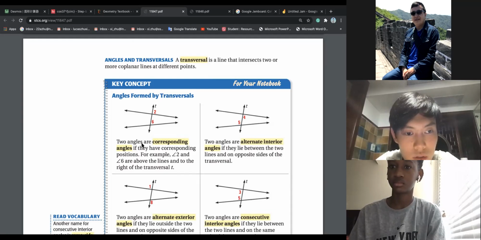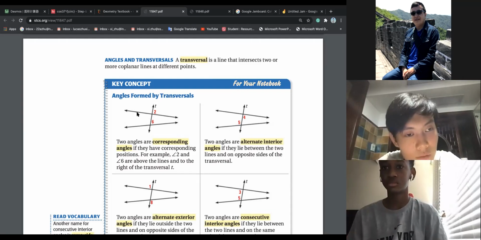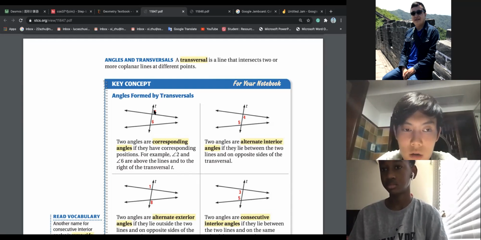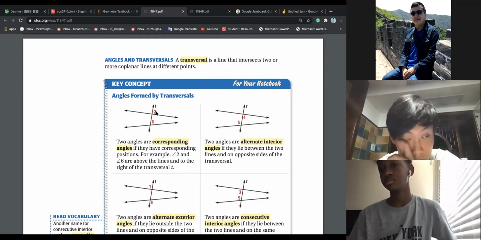Two angles are corresponding angles if they have corresponding positions. If a line intersects another line, they create four angles, and so does the other intersection, so in total we have 8 angles in this graph.